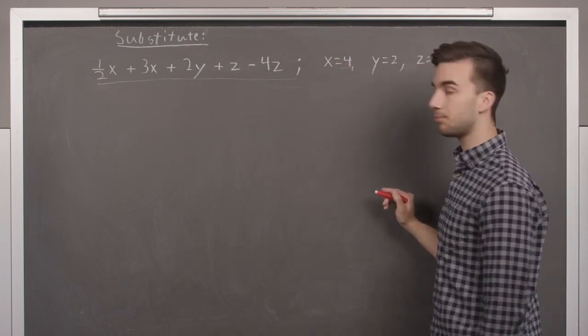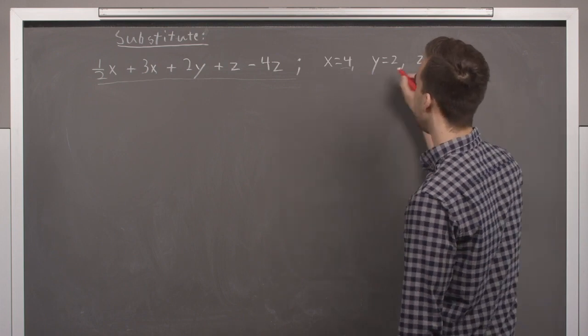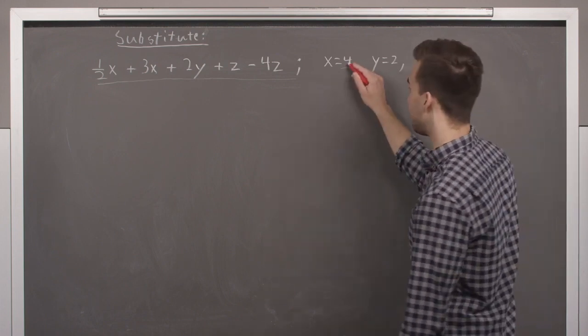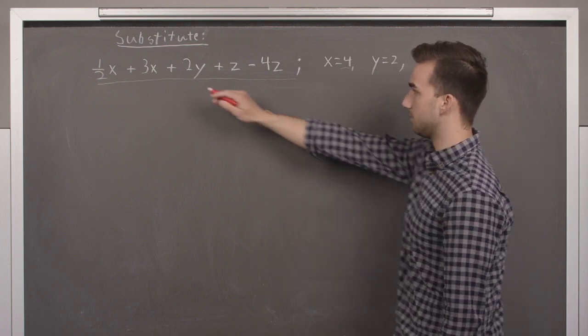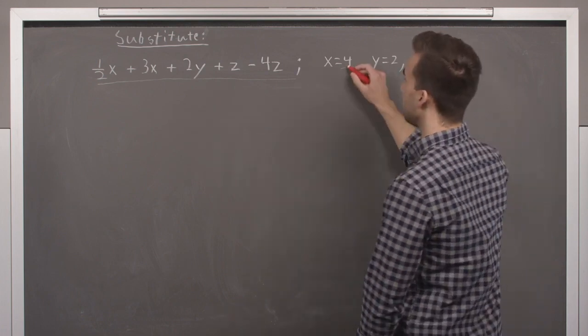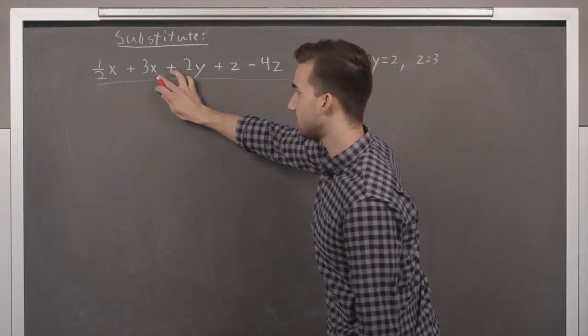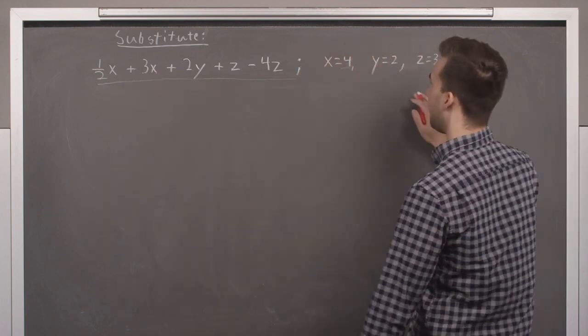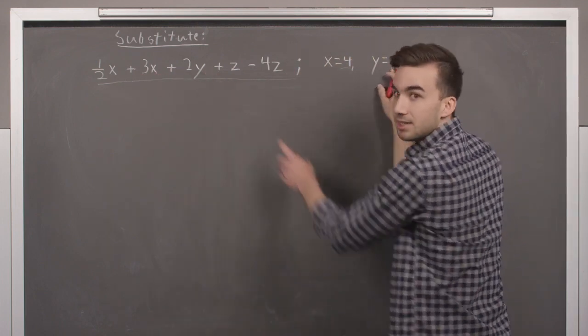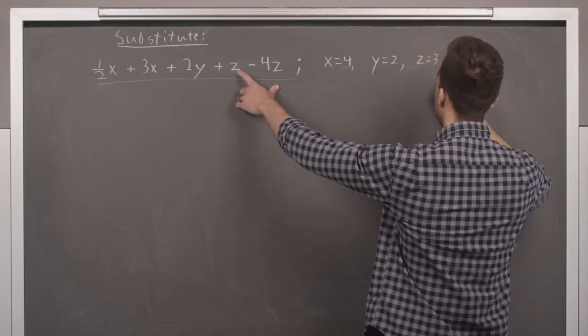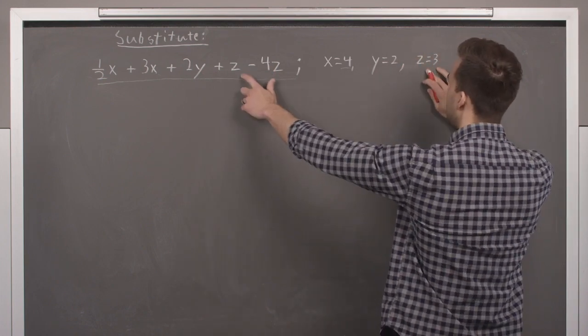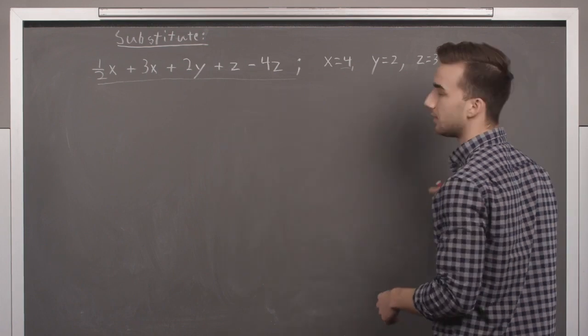And so our step 1 is to just plug in or substitute these values for the variables in the expression. So we're just going to take x and replace all the x's with 4. We're going to take y and replace all the y's with 2. And we're going to take all the z's and replace all the z's with 3. So let's go ahead and do that.